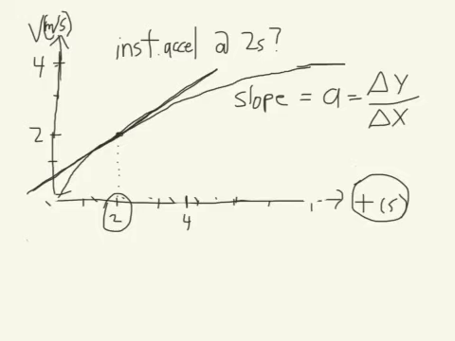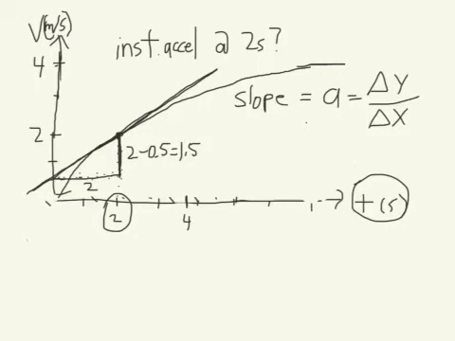What we can do is just look at some particular segment of this tangent line. I'm going to look at this segment here. And the delta y is this length, which looks to be about 1.5. And the delta x, the change in x over that segment of the line, is exactly 2.